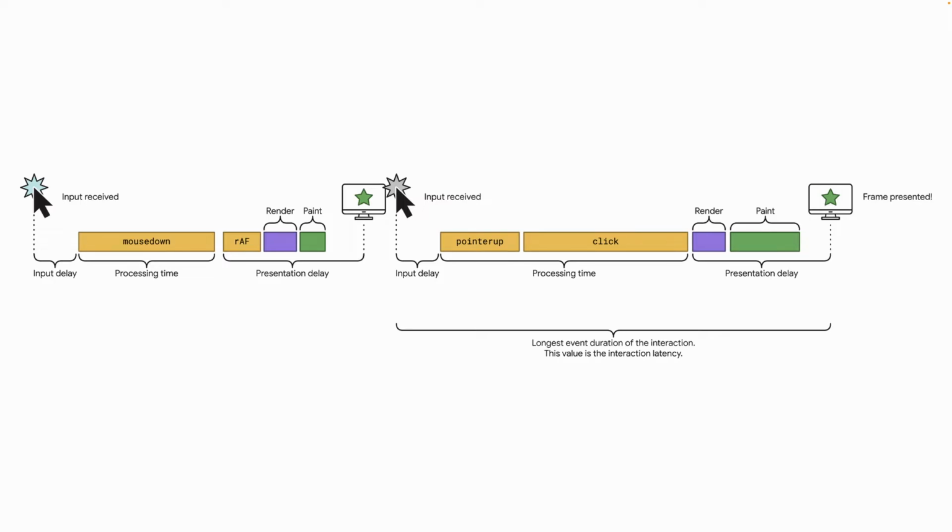But then when the button is released, a new batch of event handlers and rendering tasks must run to present additional visual feedback as a result of the user lifting their finger from the mouse button. In cases where there are multiple events in an interaction, the longest duration of the interaction will be chosen as the latency for the entire interaction.